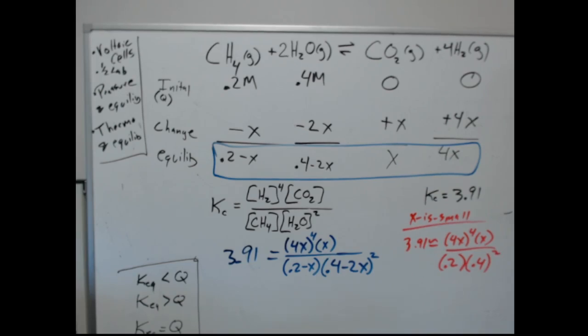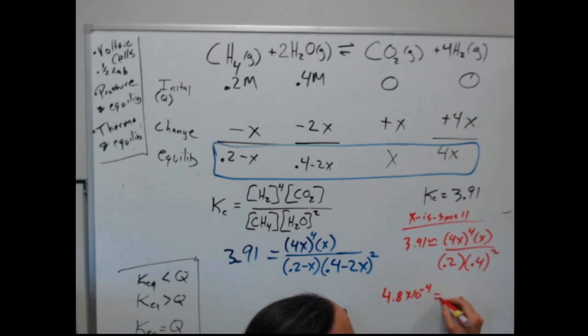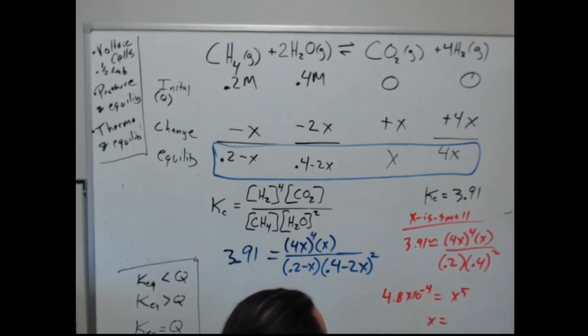So I'm going to do inverse times 3.91 times 0.2 times 0.4 squared. I'm going to get 4.8 times 10 to the minus 4 is equal to x to the 5th. I'm going to get x is equal to 0.21.